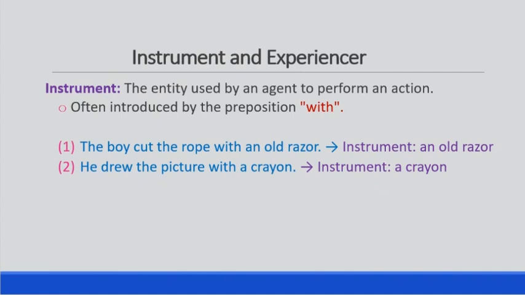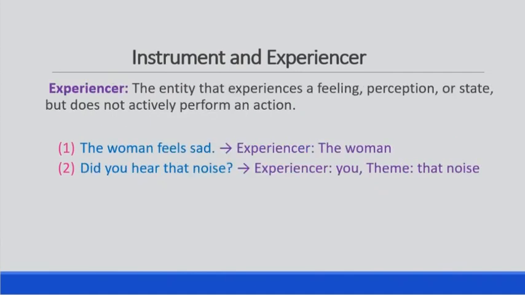So the instrument is an old razor. Something that is used by the agent is called the instrument. He drew the picture with a crayon. So the crayon is an instrument.